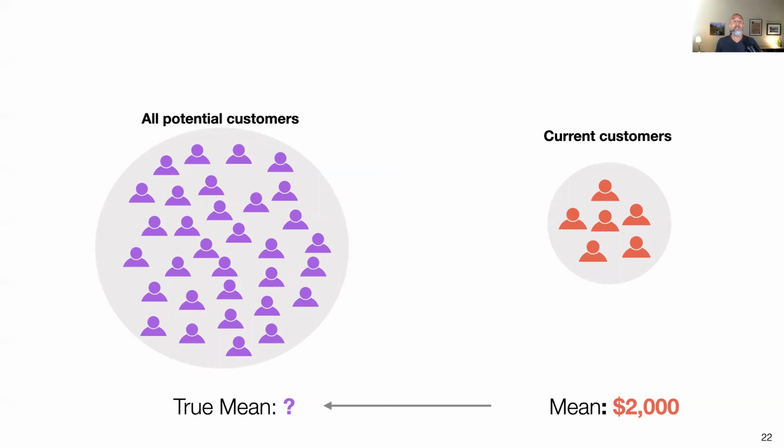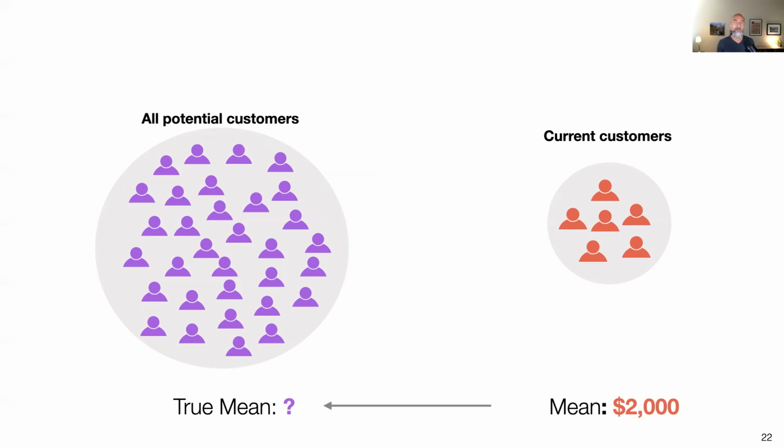But there could be another 1,000 or 100,000 customers, who are not necessarily our customers now, but could be tomorrow or a month later, whenever that could be. So the left-hand side is all potential customers.